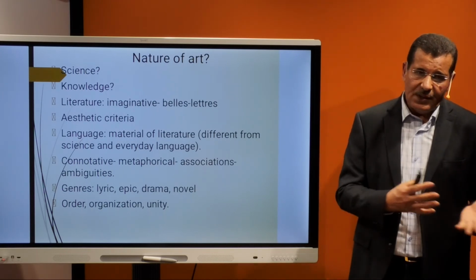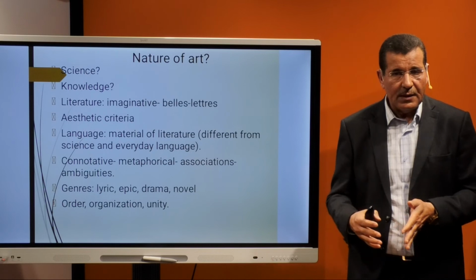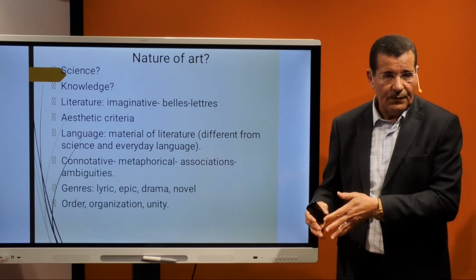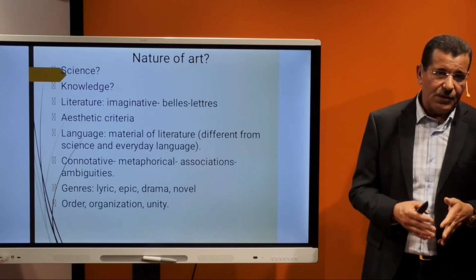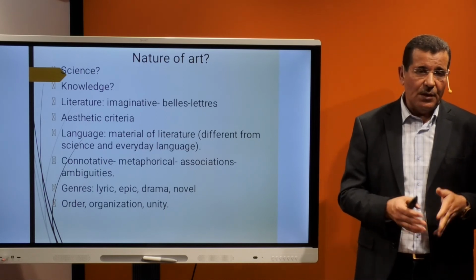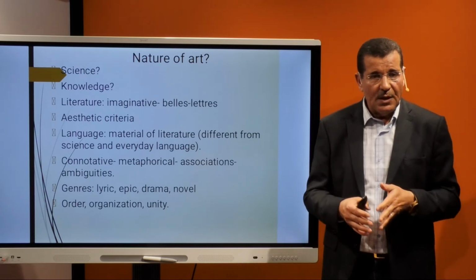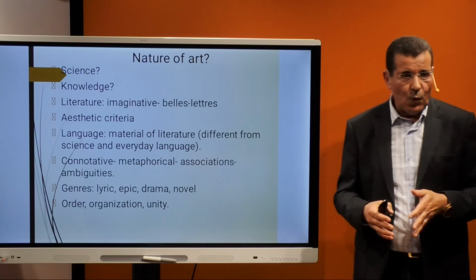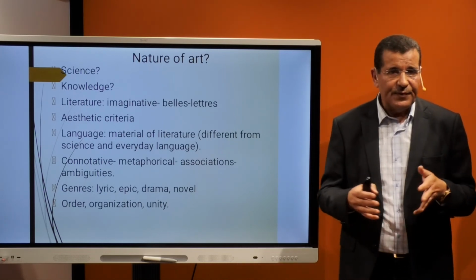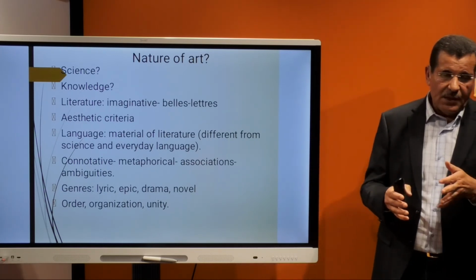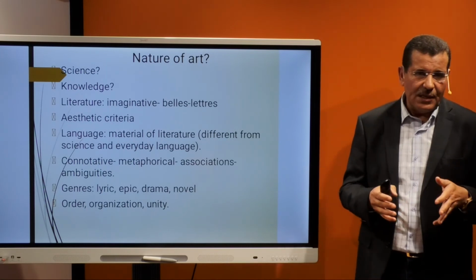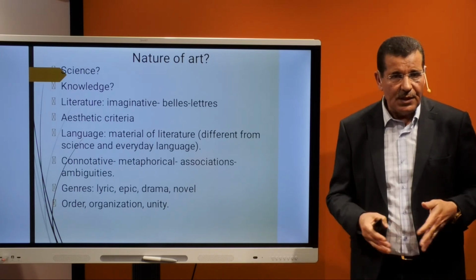And also it is divided in genres: lyric, epic, drama, novel. Also, a piece of art is distinguished by order, organization, and unity. So if I have to define art, the nature of art, these are some of the elements we can take into account.